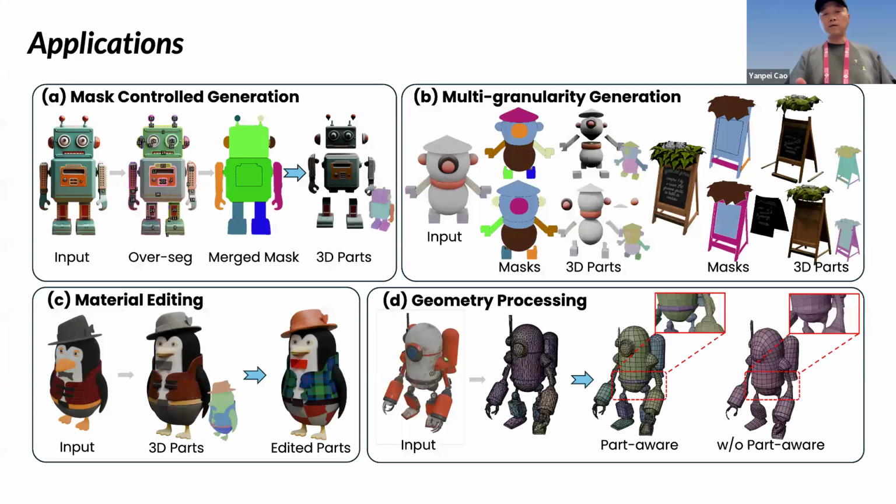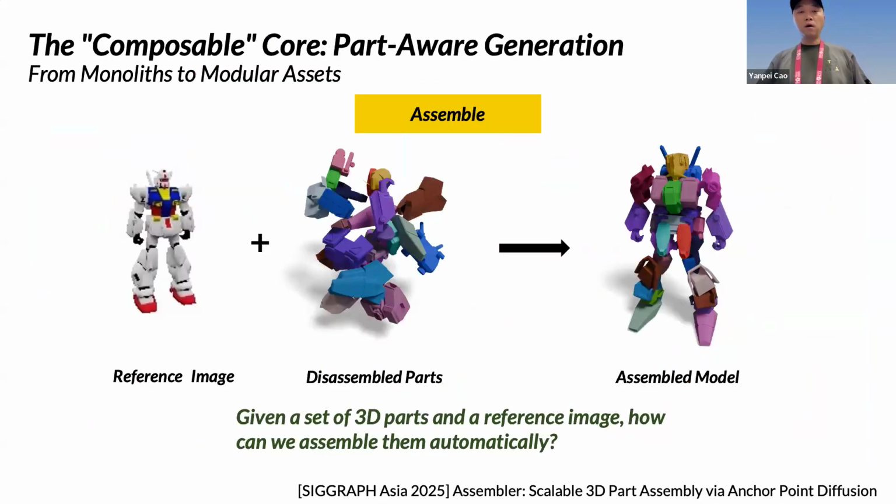So users can now edit parts directly and change the structure through masks or even mix and match components. Then this moves us from static to a truly modular and controllable creation workflow.